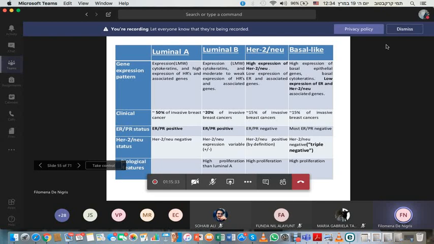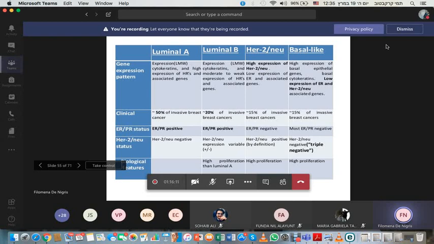Breast cancer patients can be stratified on the basis of estrogen and progesterone expression. Of course, they are receptors. We can monitor the presence of this marker on the basis of biopsy. After biopsy examination, we have results, and we have an indication if the patient is positive on the basis of the number of cells positive to this marker.